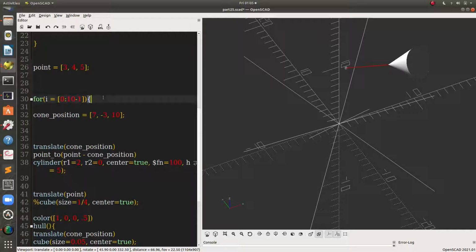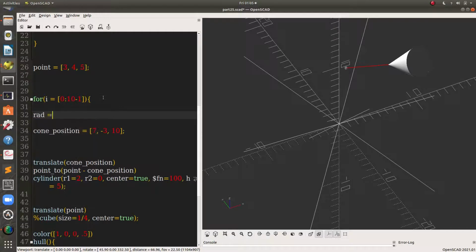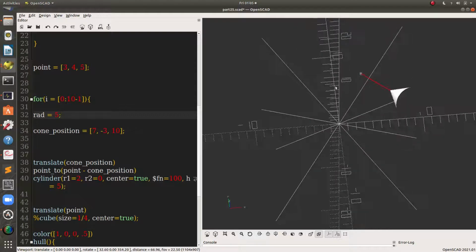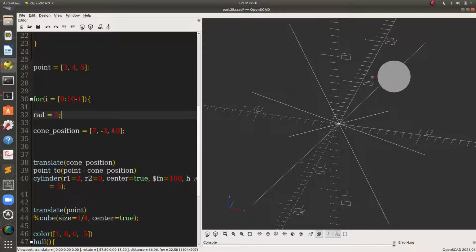So let's take a radius of 5, and we'll rotate around the z-axis.